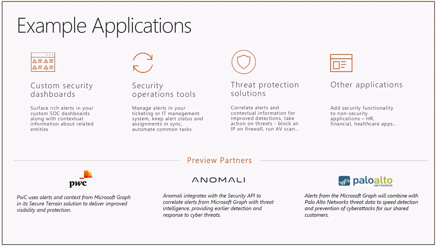Also, threat protection solutions. I mentioned some of those earlier, those tools that are monitoring and blocking or alerting or taking action on potentially malicious activity. Because they have access to this richer set of alert data and related contextual information, they can use that to inform their approach to detections.